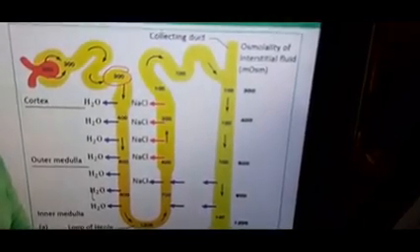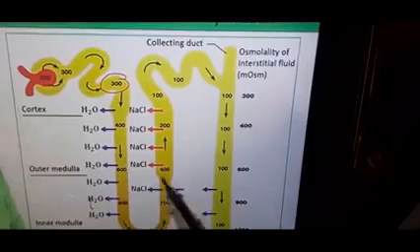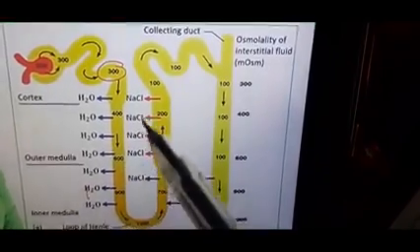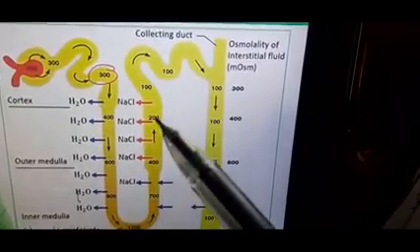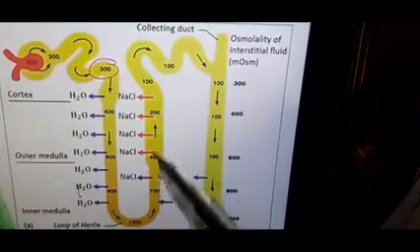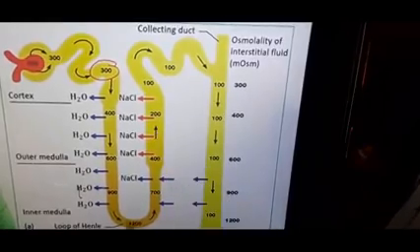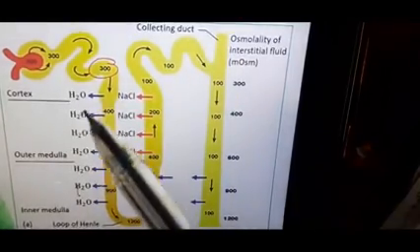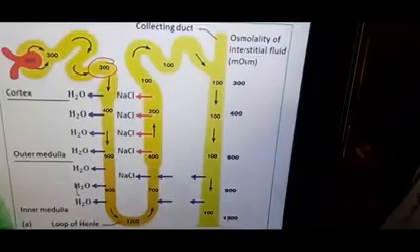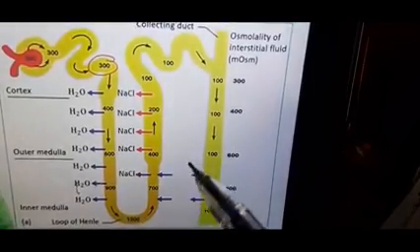So what happens? This sodium chloride is entering into the interstitial fluid and making it more hypertonic, and this water is being reabsorbed by the blood capillaries of vasa recta.